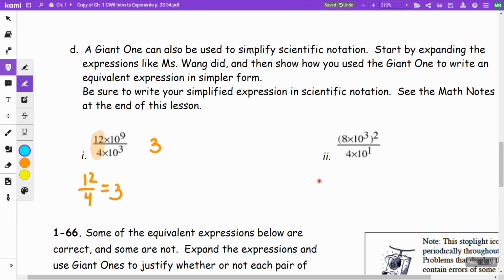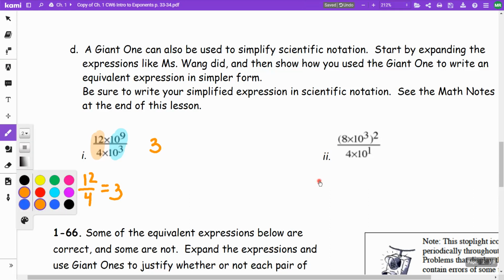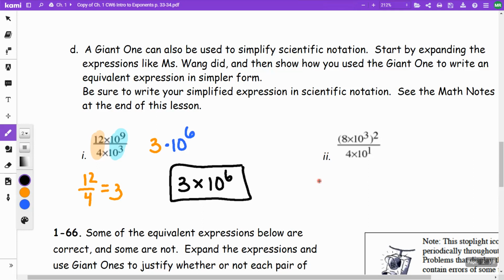Now, looking at my 10s, I have 10 to the 9th and 10 to the 3rd. That means I can cancel 3 of them from top and bottom, and I am left with 6 of them. Writing this in scientific notation, that's 3 times 10 to the 6, and that is our answer.